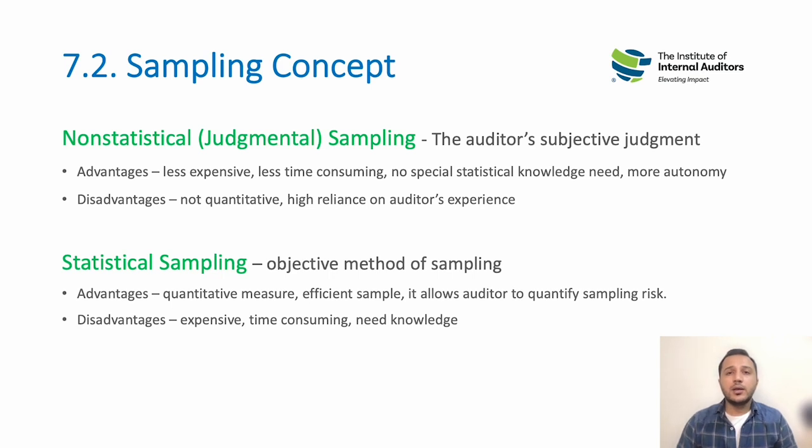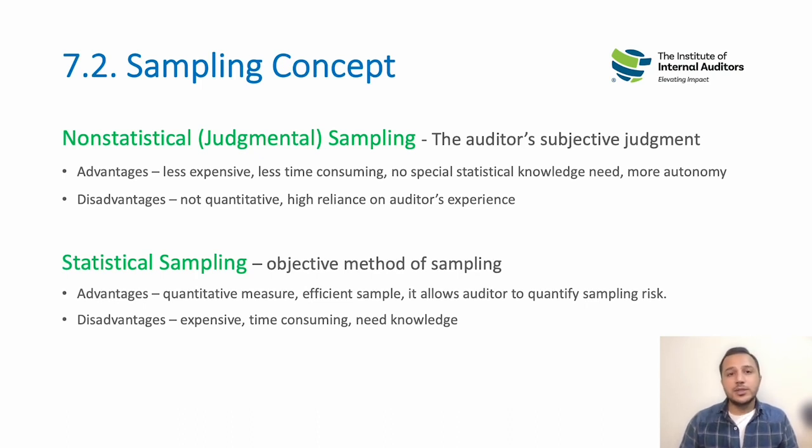Why does the internal audit methodology allow the auditor to use judgmental sampling? Because not all data can be quantified or have a statistical approach applied. There are pros and cons to both types of sampling. Some of the benefits of judgmental sampling are that it is, first of all, based on the experience of the auditor.